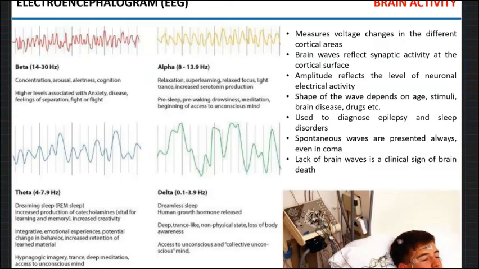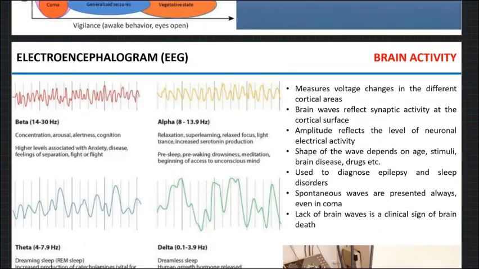Now, the brain activity can be measured by measuring the electrical current in the cortex. You remember that signals that are transmitted by axons are electrical in nature, right? So those electrical signals reflect the activity at synapses.